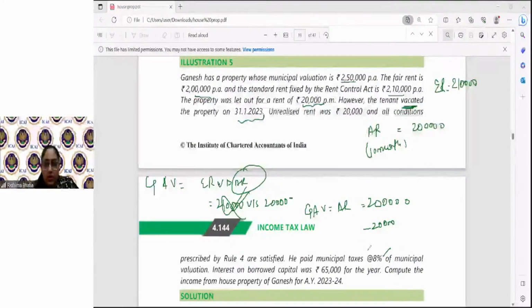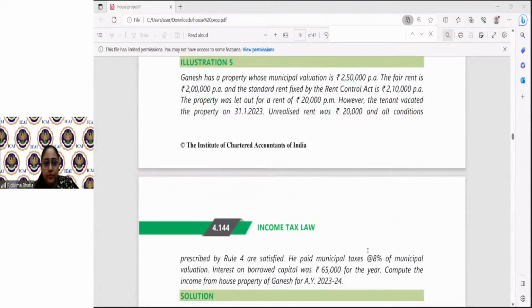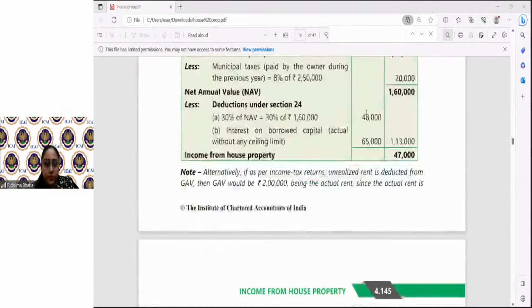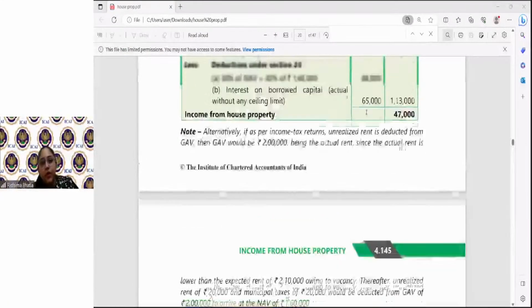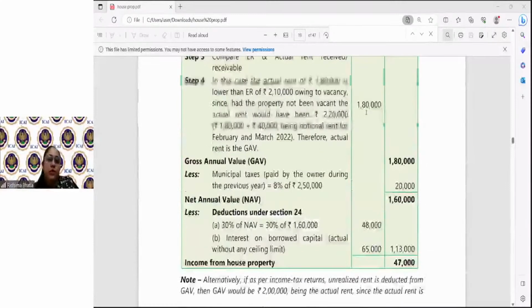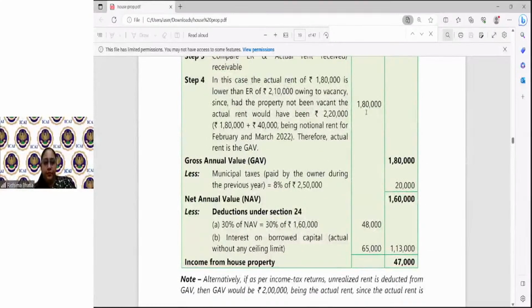So my net income from house property is coming to 47,000.